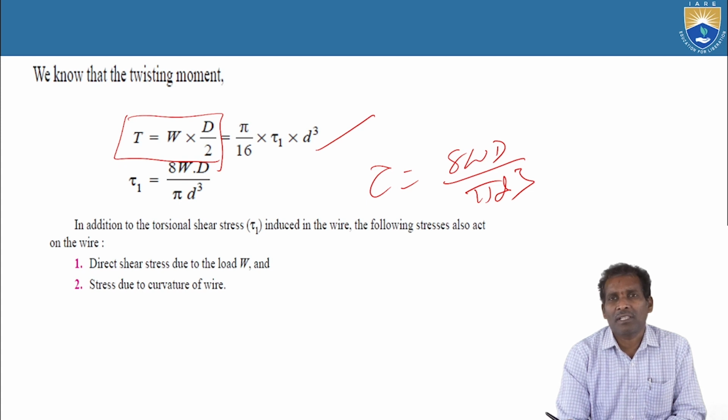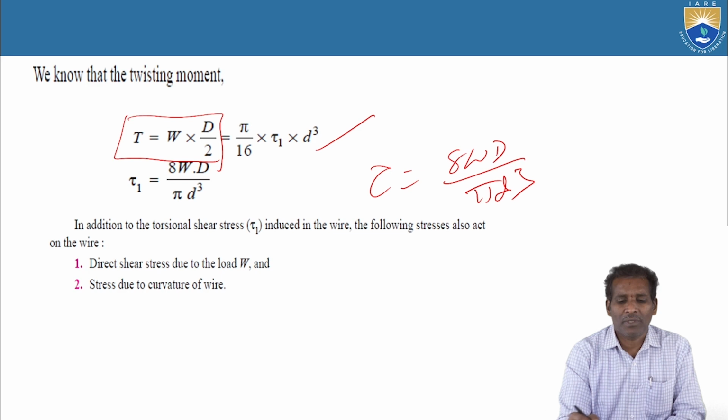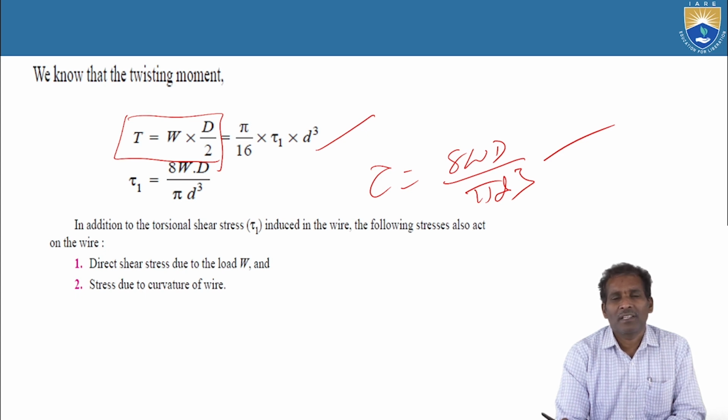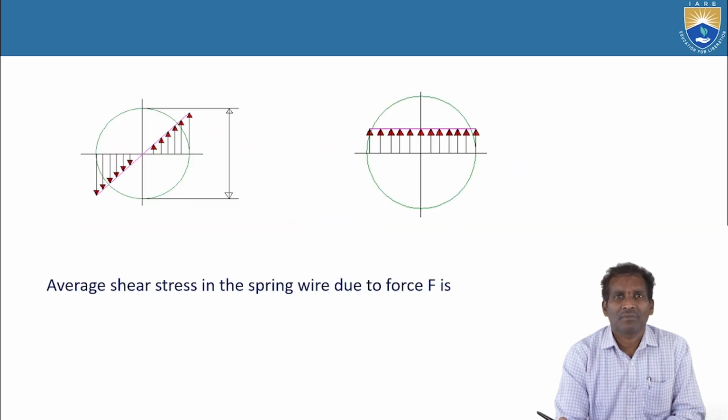Here capital D is the coil diameter and small d is the diameter of the wire. So remember this formula. In addition to the torsional shear stress induced in the wire, the following stresses also act: direct shear stress and shear stress due to curvature of the wire. These two you must also add to the torsional shear stress. The average shear stress in the spring wire due to force is shown in a figure.